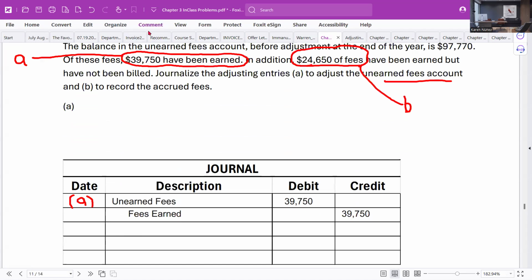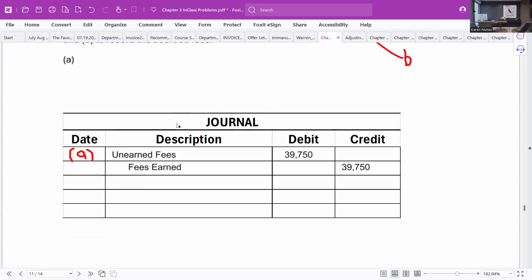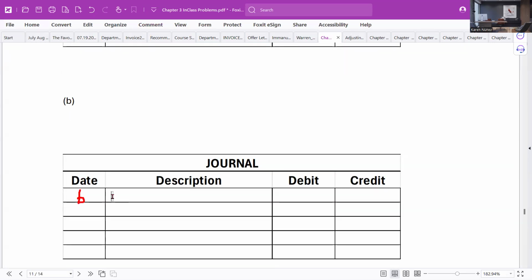So we've got an accrued revenue, right? To accrue revenue, we need a receivable and we need the revenue account. So the debit here is to accounts receivable for 24,650. And again, revenue, fees earned, 24,650.